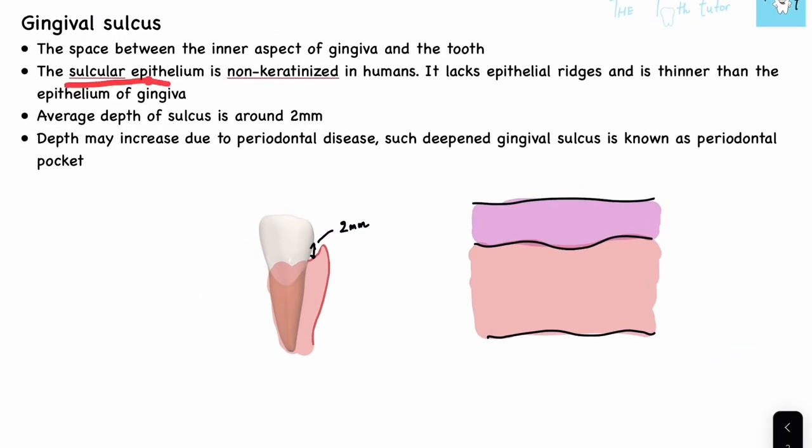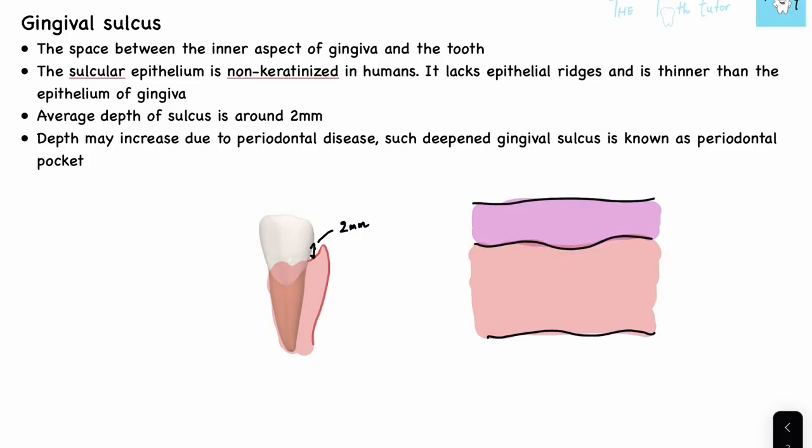The sulcular epithelium is non-keratinized in humans. It lacks epithelial ridges and is thinner than the epithelium of gingiva. So the ridges we used to see are absent, and it forms a smooth interface with the lamina propria.